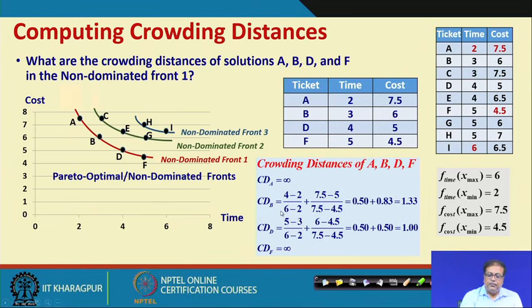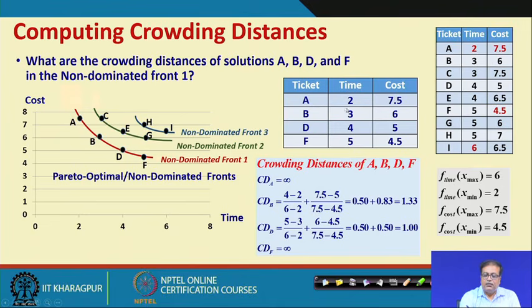What about B? The neighbors are A and D. So, look here, A and D, the time values are 4 and 2. So, 4 minus 2 over 6 minus 2, those are the maximum and minimum values, for one objective, that is time. And with regard to cost, the denominator is 7.5 minus 4.5, and the numerator will be the values of A and D, so 7.5 minus 5.